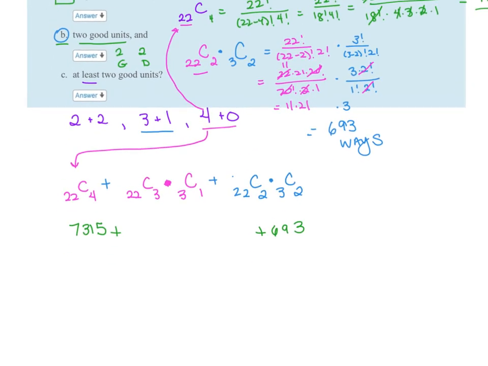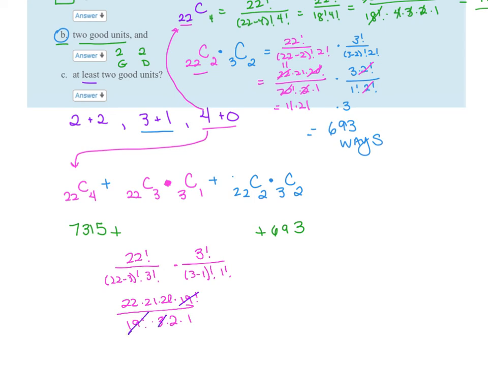So 22 choose 3 will be 22 factorial over 22 minus 3 factorial times 3 factorial, and then times 3 factorial over 3 minus 1 factorial times 1 factorial. So 22, 21, 20, 19 factorial over 19 factorial times 3 times 2 times 1. The 19 factorial cancels, 3 goes into 21 7 times, 2 goes into 20 10 times.